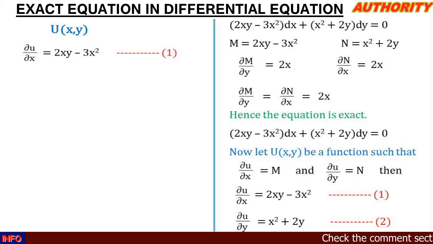In equation 1, it was the partial derivative of u with respect to x. So for us to remove this derivative, we integrate it with respect to x.